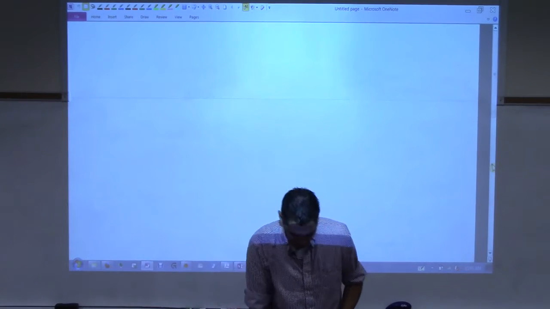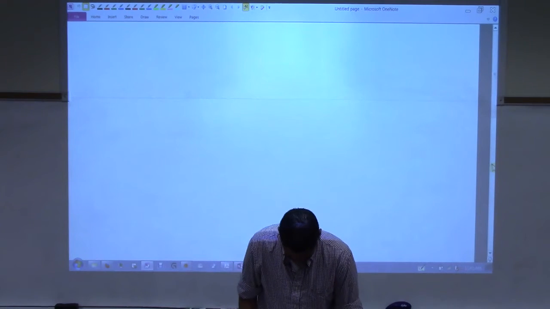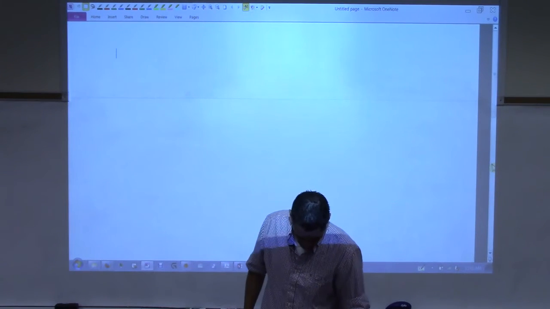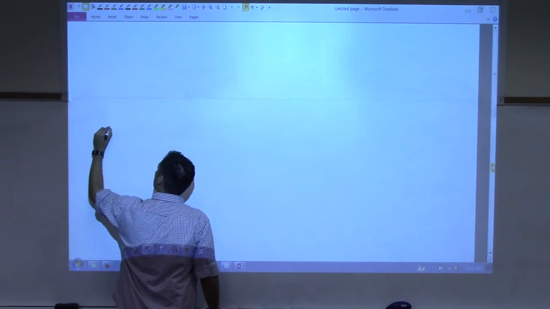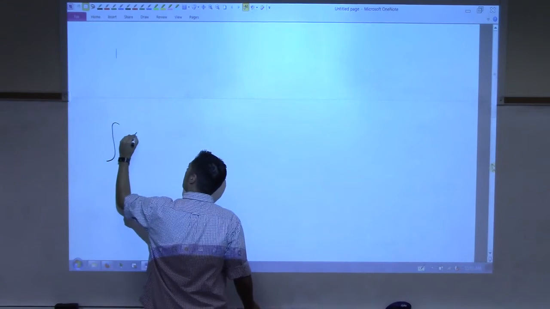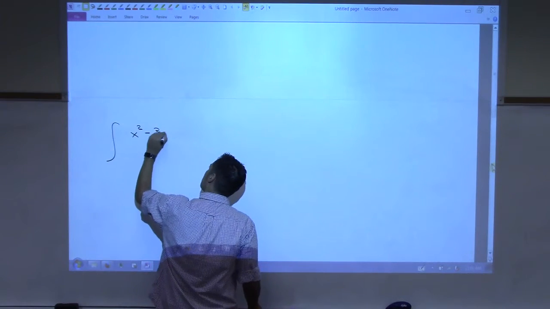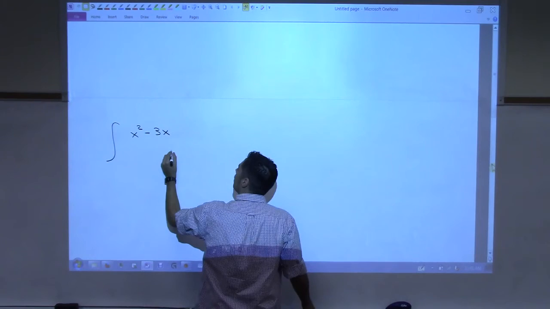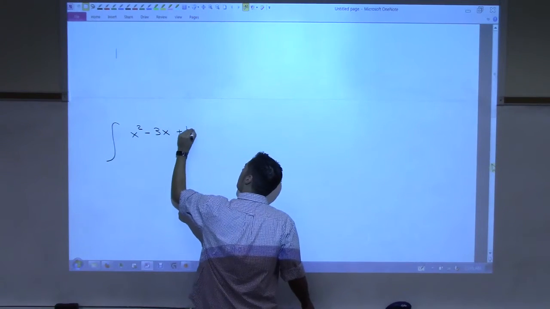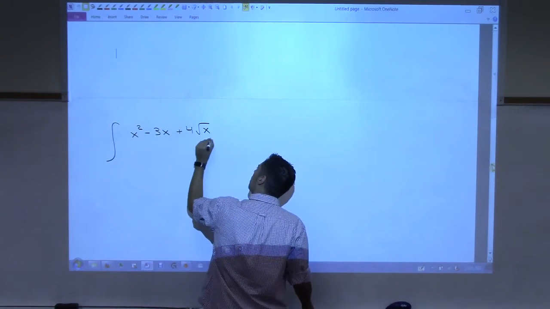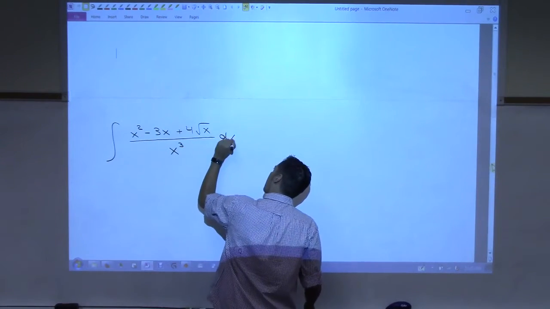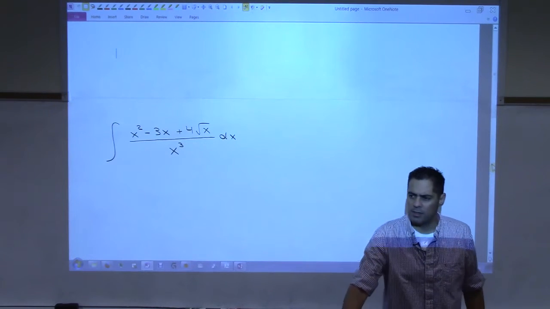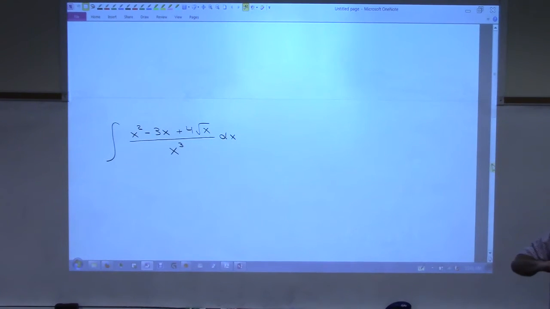All right, so let's start with, let's find the antiderivative of x squared minus 3x plus 4 root x over x cubed dx. We may have done one similar to that last class. Any ideas?